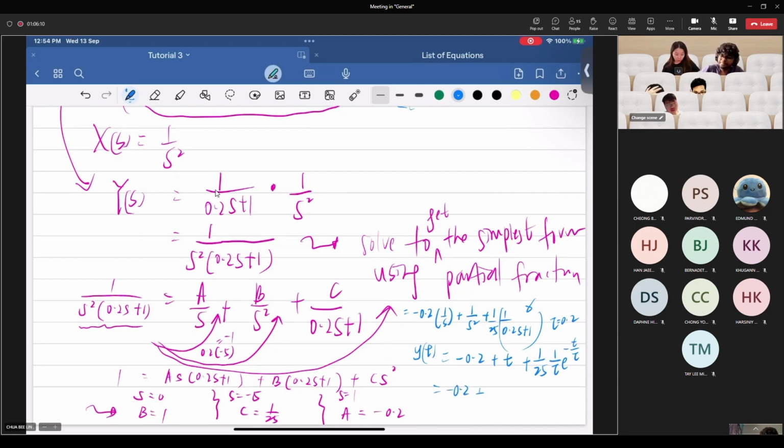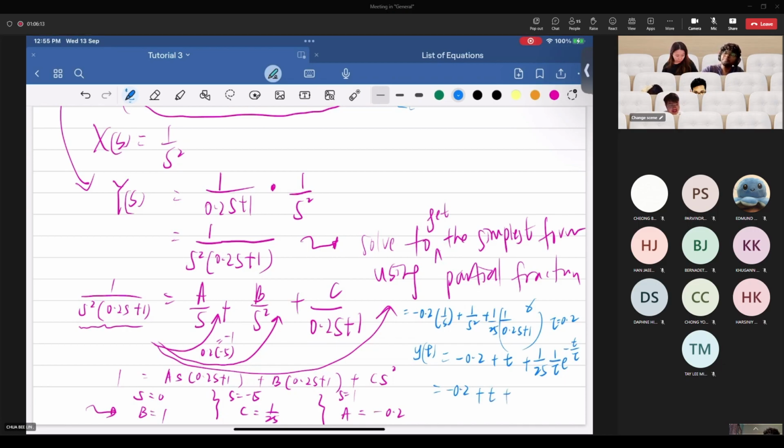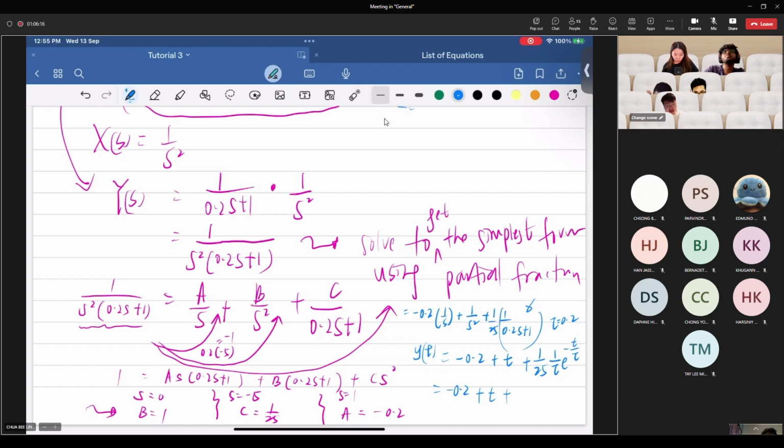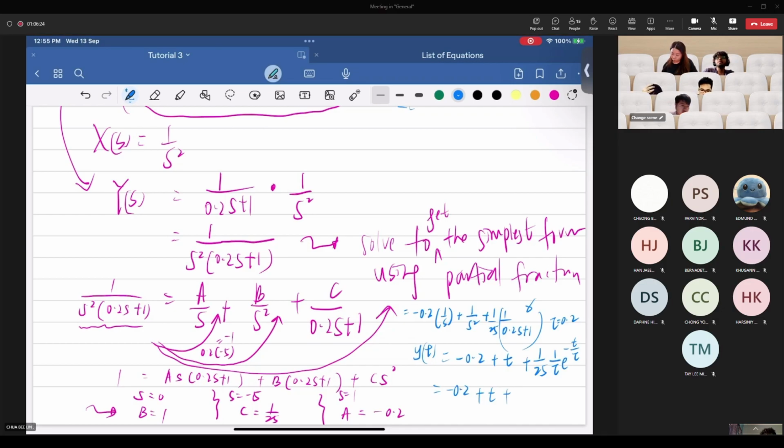When you have 0.2 multiplied with 25, it is just like 5 on the top, so 1 over 5 is 0.2. So 0.2 e to the negative t over 0.2. So this is your yt. Now they want you to use this, so I will copy this solution.